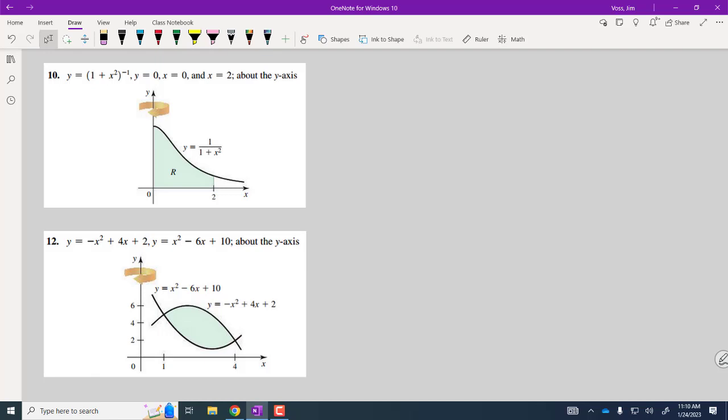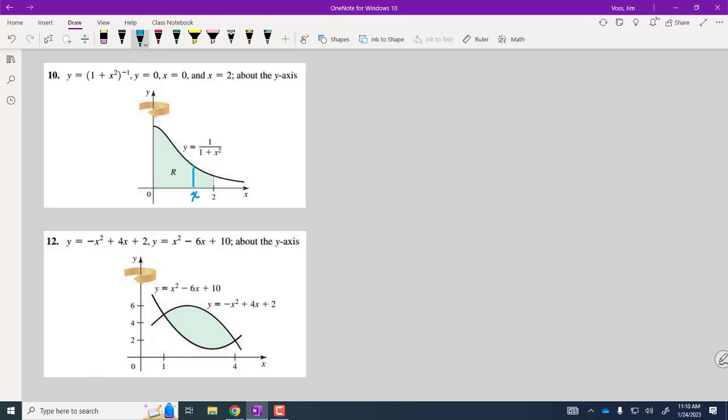Vertical axis of rotation. The y-axis is the axis of rotation. If we created a horizontal element, we would get disks. But we don't want disks. We want a cylinder. So if we want a cylinder, vertical element. And that vertical element is at a random x.